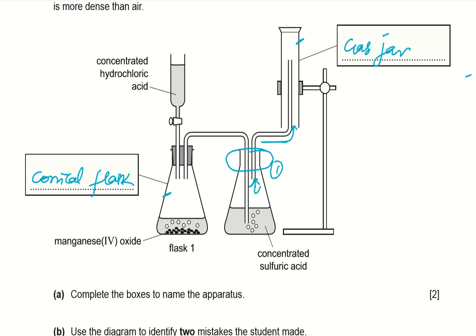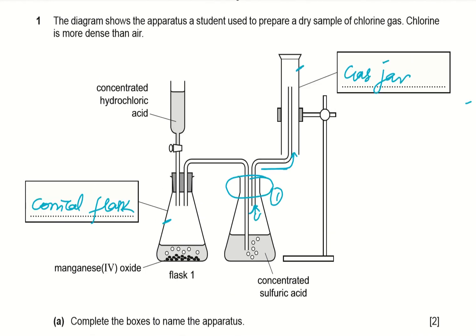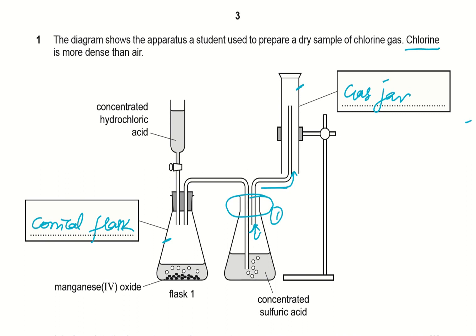And the second error here will be the inversion of this particular gas jar. The gas jar is used to collect chlorine, and in the question it was said that chlorine is more dense than air. So if chlorine is more dense than air, then it cannot be collected by upward delivery.